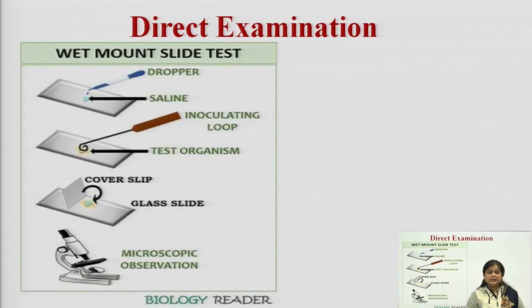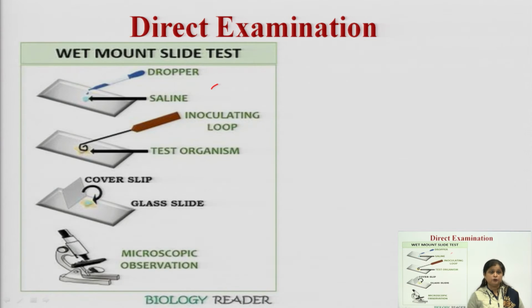As you can see in this slide, whenever we want to directly examine our samples, we must have all these equipments and apparatuses with us. First we need the slide on which we want to observe the microorganism.